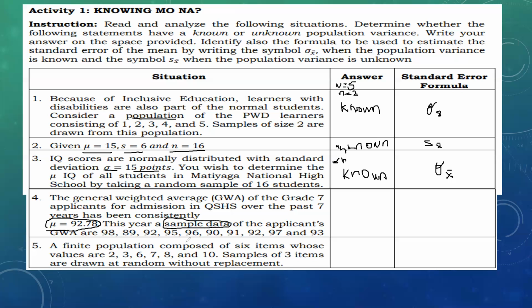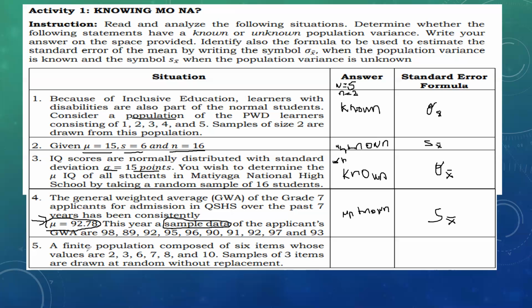Ibig sabihin, if that's the case, hindi natin ang mean na ang given sa atin para sa population. Hindi natin kayang hanapin ang ating population variance. Ang kaya natin hanapin ay ang variance ng sample but not the variance of the population. So this is S.